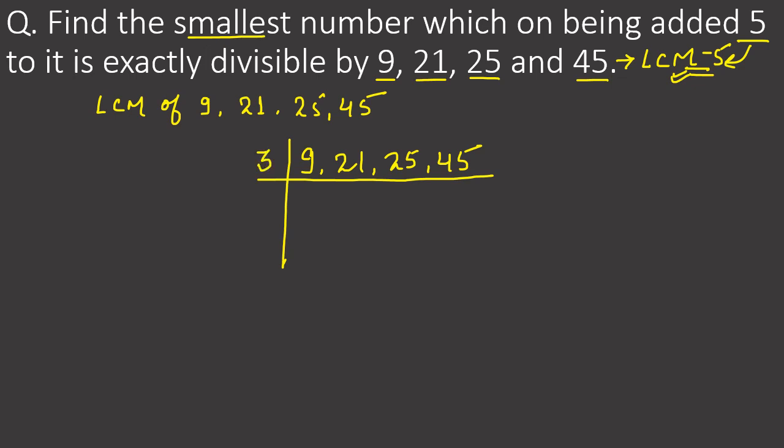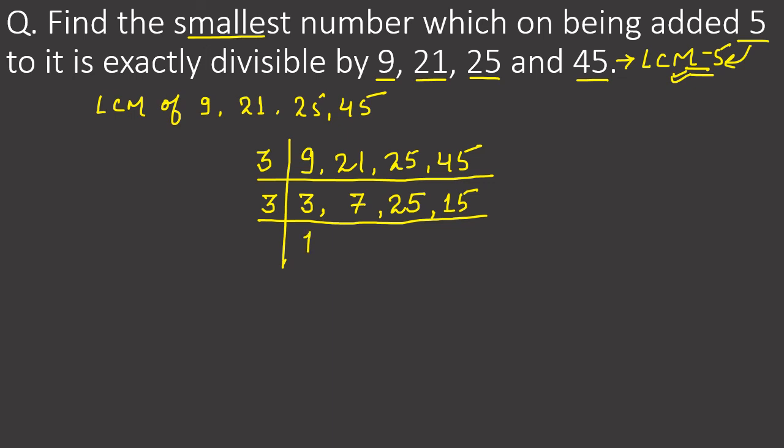So let us first divide these numbers by 3. 3 3s are 9, 3 7s are 21. 25 is not divisible by 3, so write 25 as it is. 3 15s are 45.